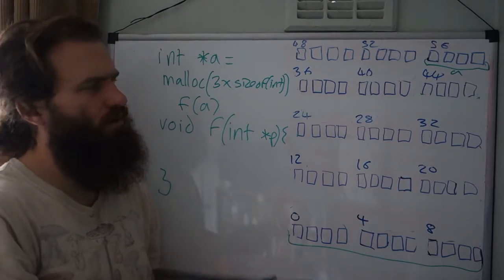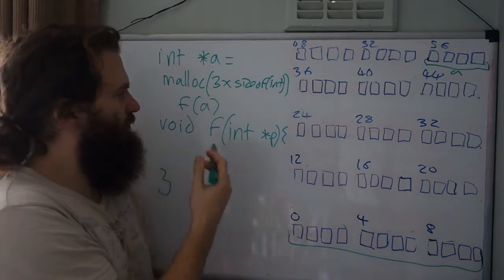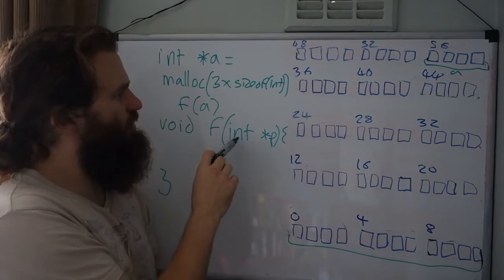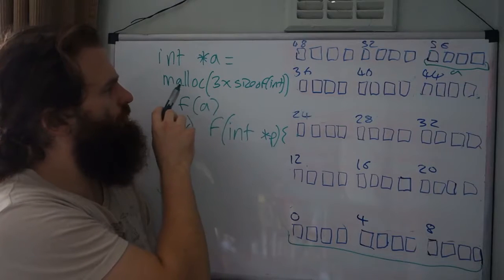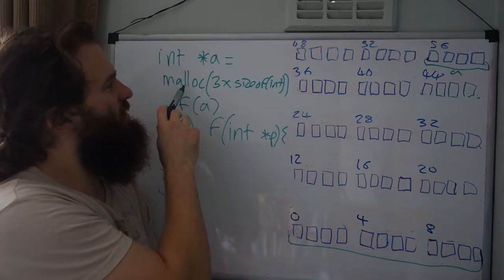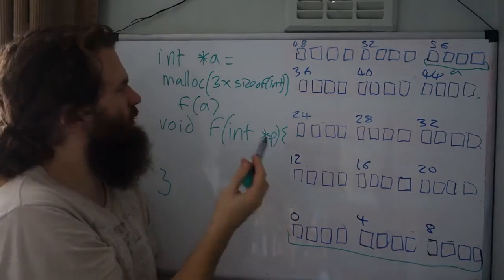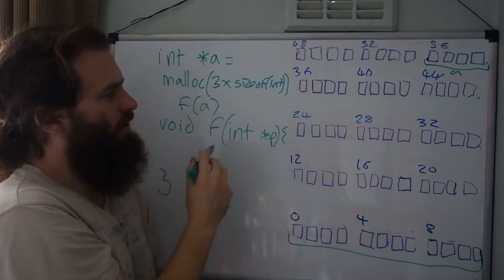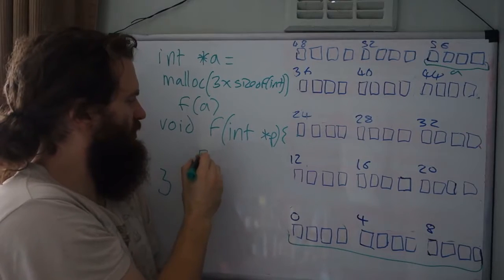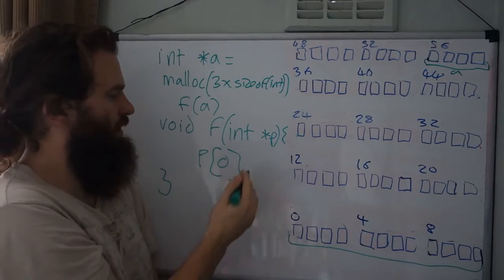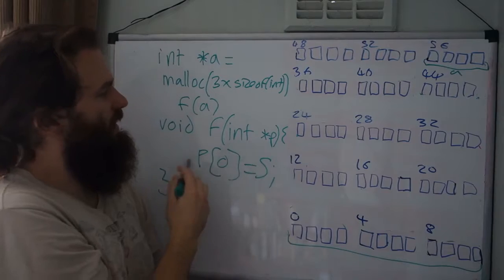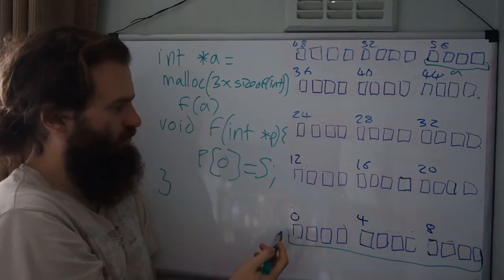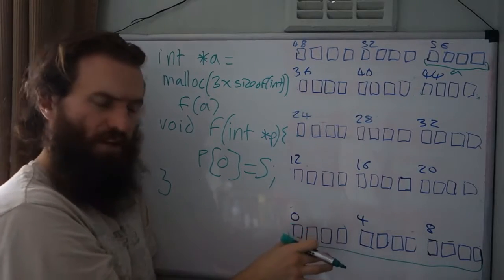This is important because what you might want to do inside the function f is reallocate the size of this, right? You might want to do a realloc and change the size of a. Within f you can do things like p[0] equals 5, and in that case you're actually modifying a, because we go to that memory address and modify the thing at that address.